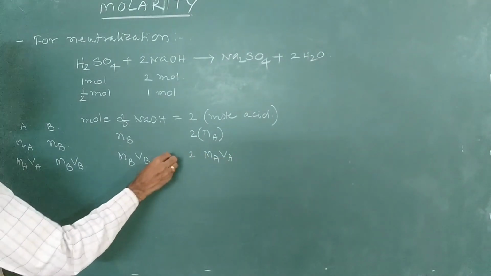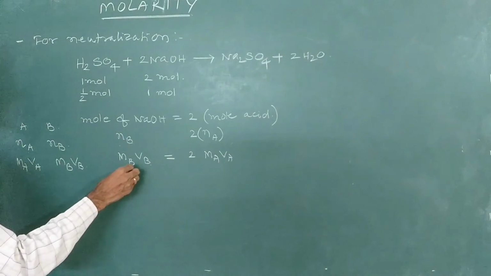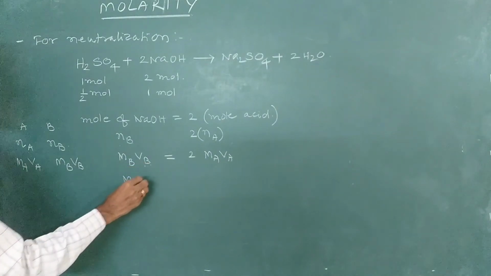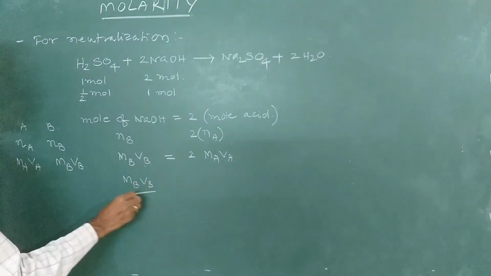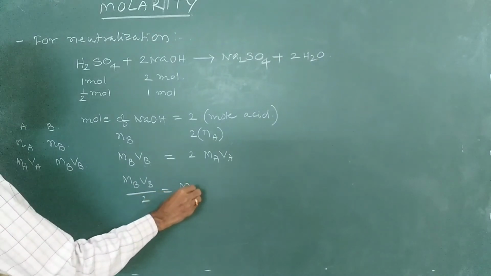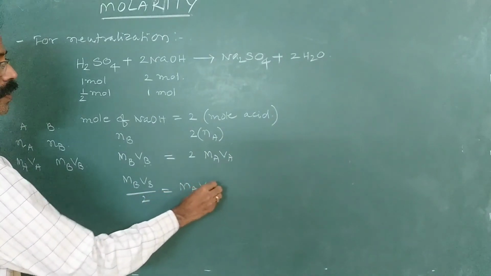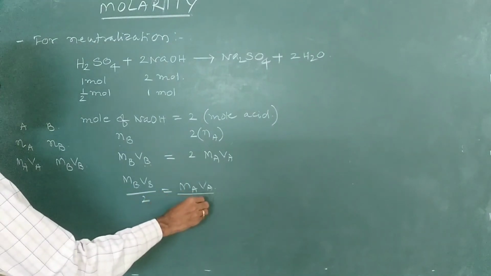Now cross multiply this: MbVb divided by 2 is equal to MaVa by 1.